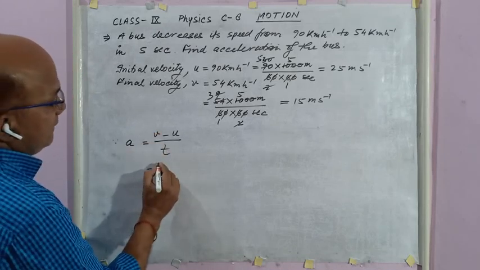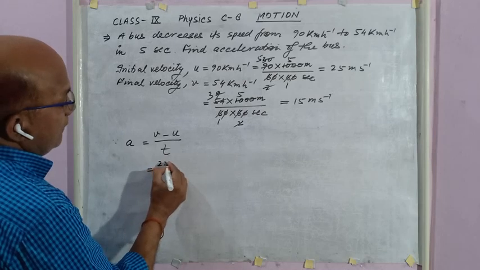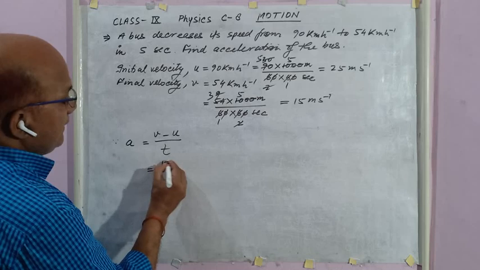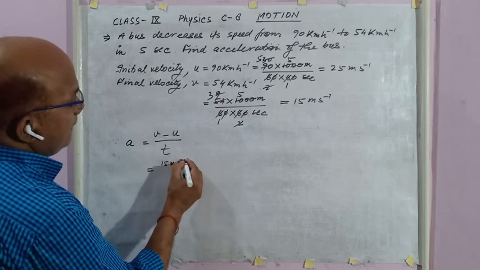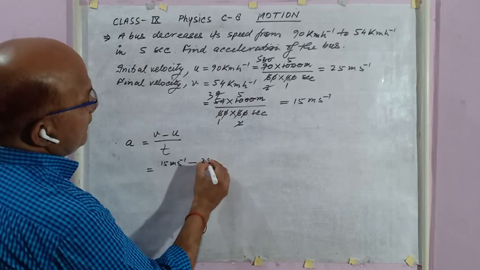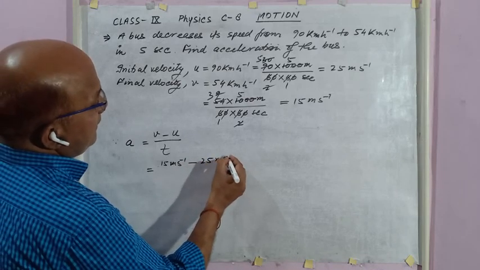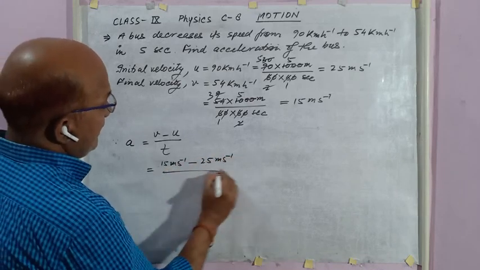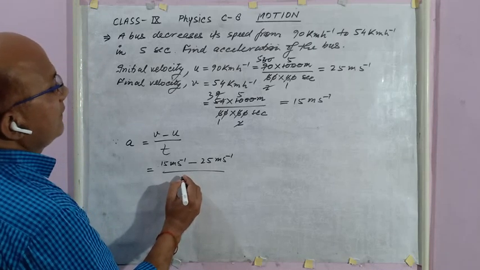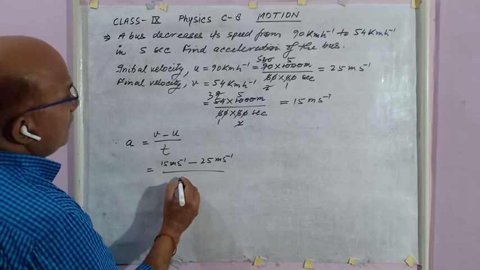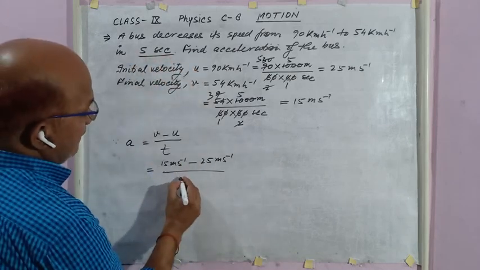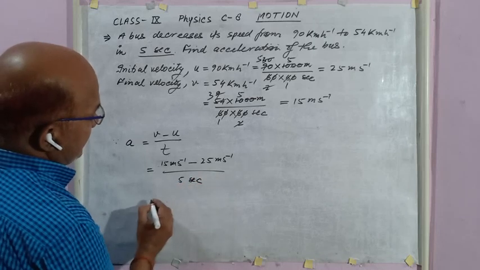Final velocity is 15 meter per second minus initial velocity is 25 meter per second upon time taken, it is 5 seconds.